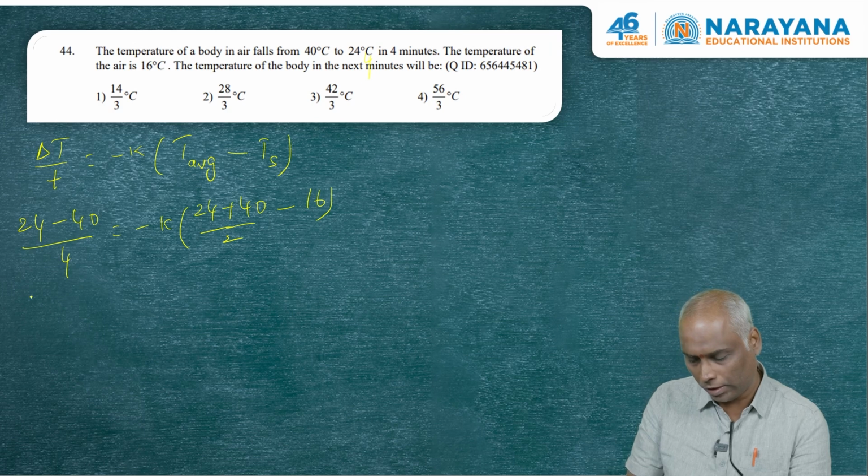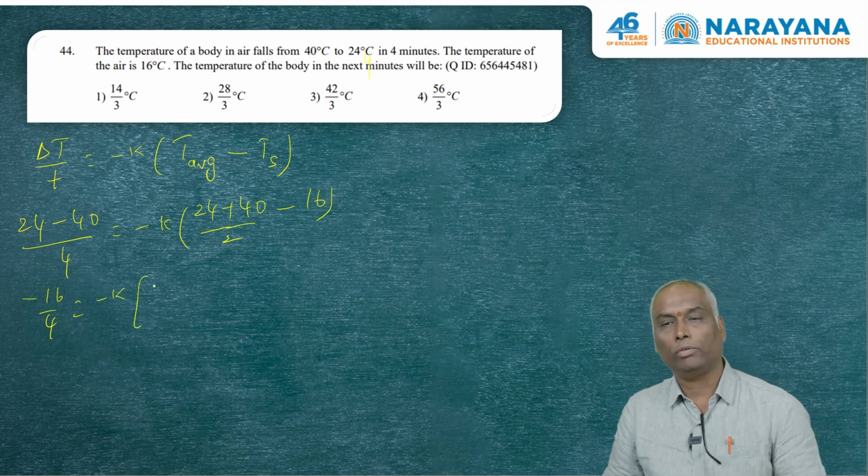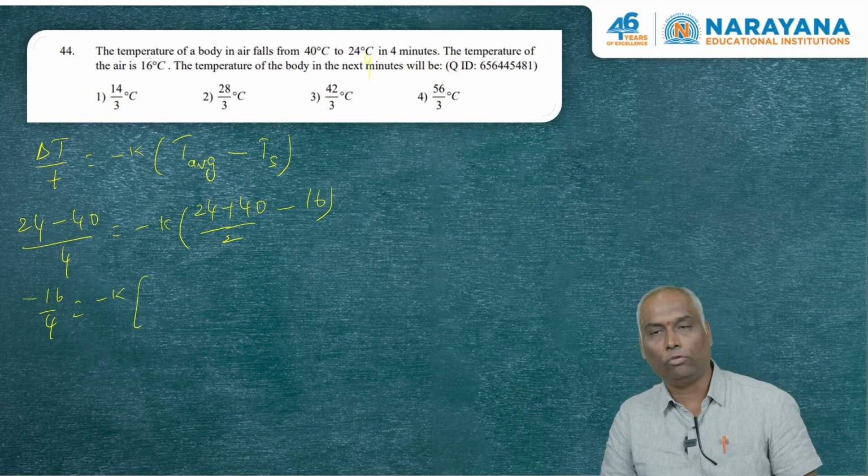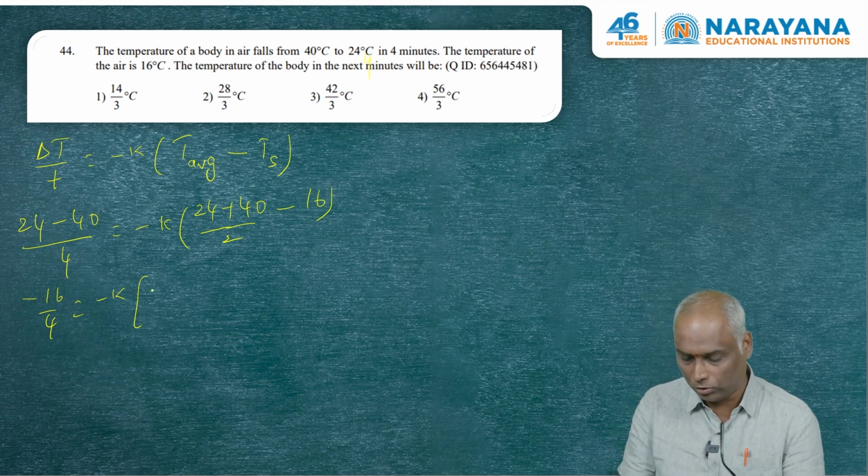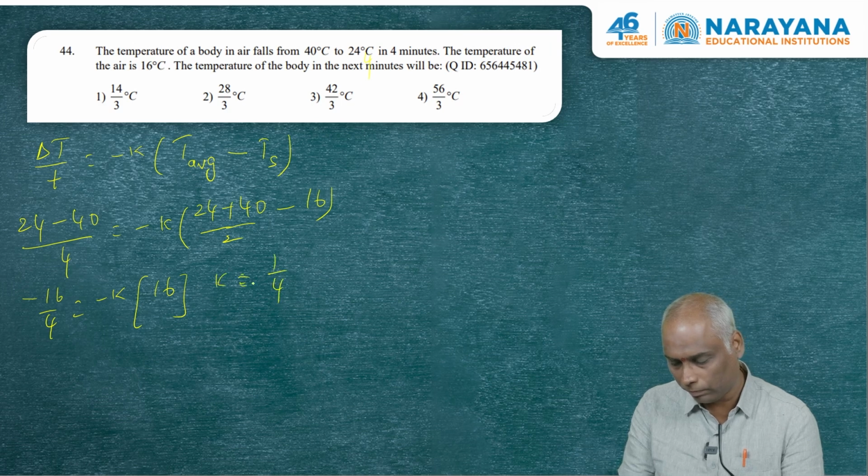From this we get minus 16 divided by 4 equals minus K into 64 divided by 2, which is 32, and 32 minus 16 equals 16. So we get the value of K as 1 divided by 4.